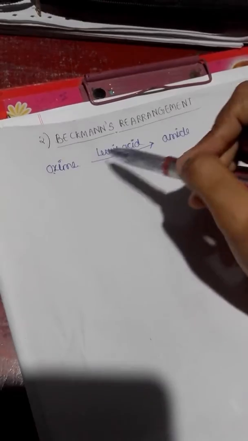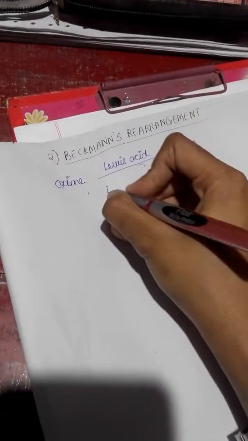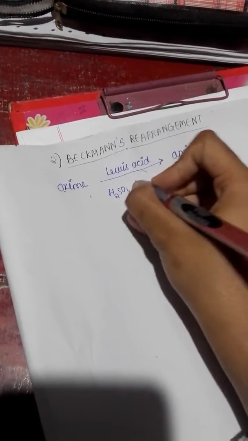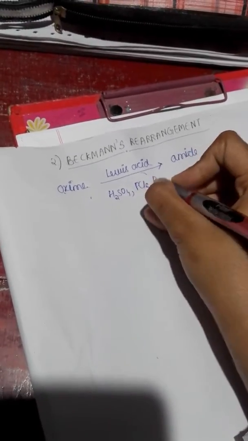When we add Lewis acid to an oxime, the substrate, we get the product as amide. Now the Lewis acid can be anything. It may be sulfuric acid or phosphorus pentachloride or phosphorus trichloride, or anything.